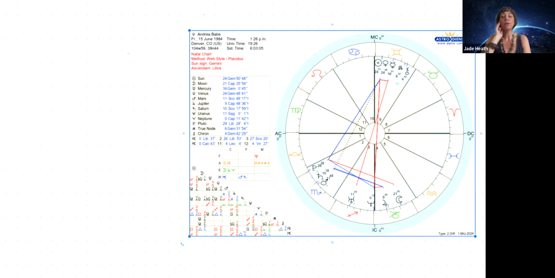So every single zodiac sign is associated with an archetype, with an element, with a direction. It's its signature. So if we start with Aries, Aries is a fire sign. It is a cardinal sign. It's initiating energies.